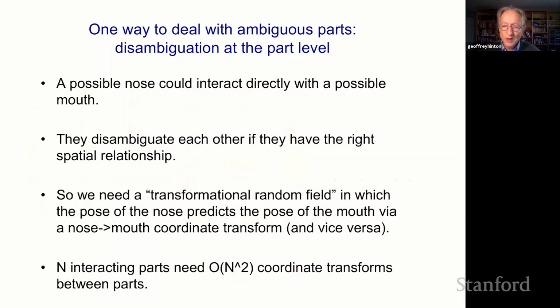Now, one thing we need to worry about is that the difficult thing in perception, it's not so bad in language, it's probably worse in visual perception, is that there's a lot of ambiguity. If I'm looking at a line drawing, for example, I see a circle. Well, a circle could be the right eye of a face, or it could be the left eye of a face, or it could be the front wheel of a car or the back wheel of a car.